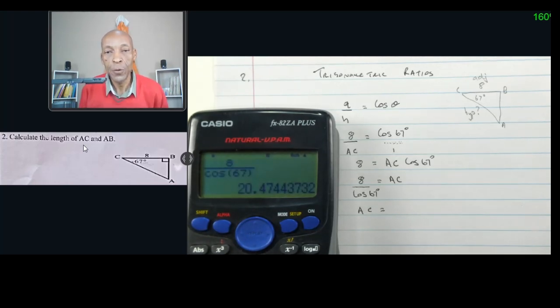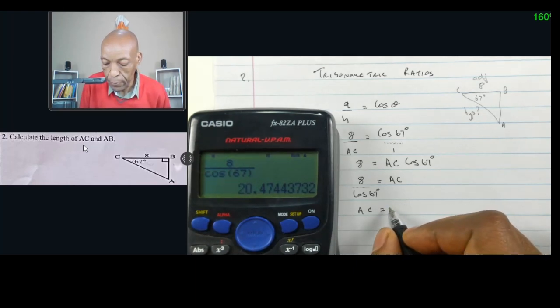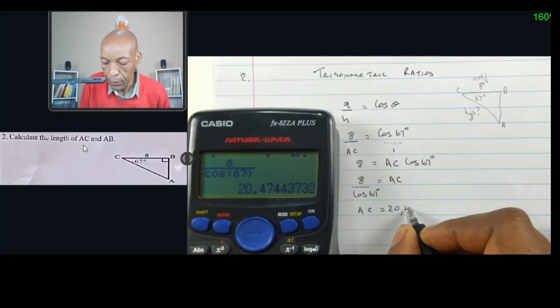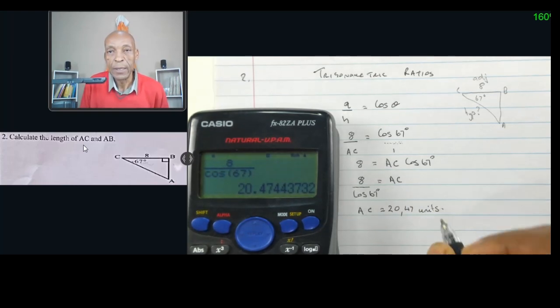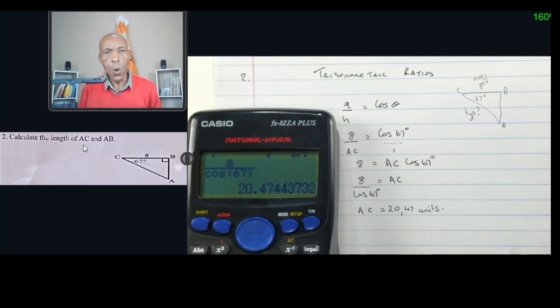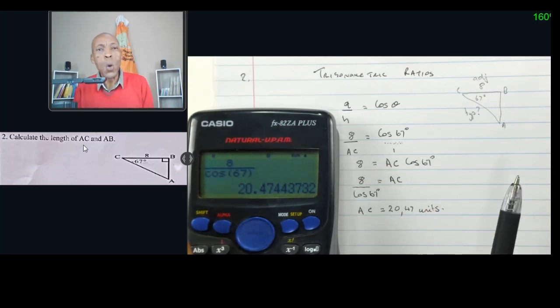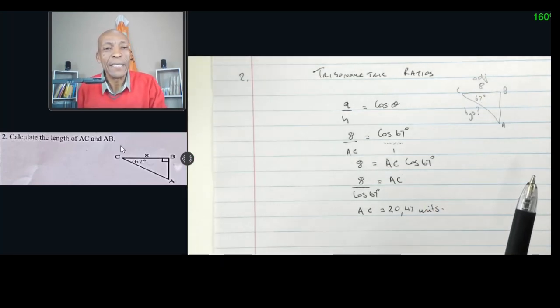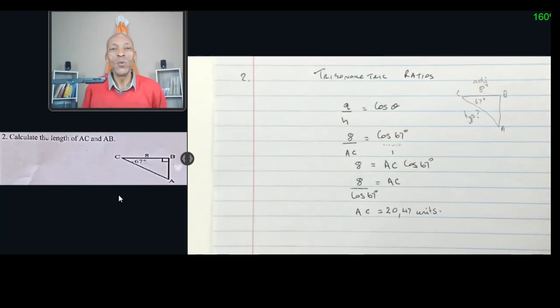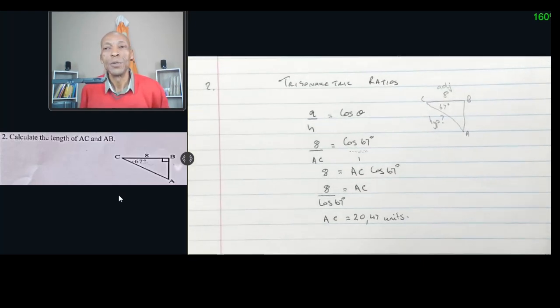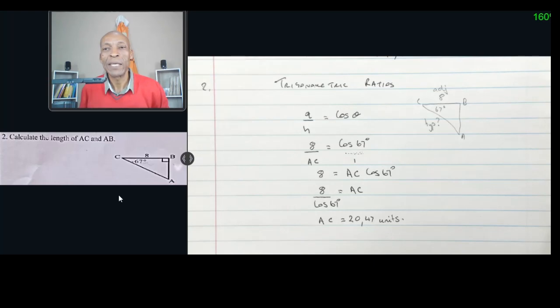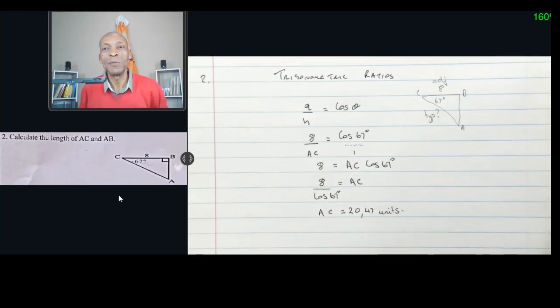What do I have? 20,47. No rounding up again. 20,47 units, isn't it? Did they give us millimeters? No. Did they give us centimeters? No. They just gave us units. We don't know what the units are. All right. So there you are. You do that in split seconds. Don't waste time like me, because I am explaining to you.